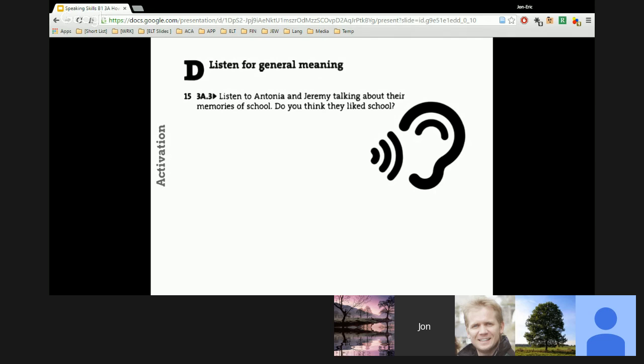I remember I used to sit by the window, and there was a heater, so it was really warm. And I used to sit and look out of the window, and sometimes the teacher got really angry. She used to say, "Pay attention, Antonia." I remember one teacher especially. His name was Mr. Collins, but we called him Collie, and he used to teach math.